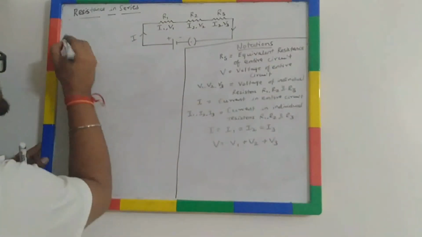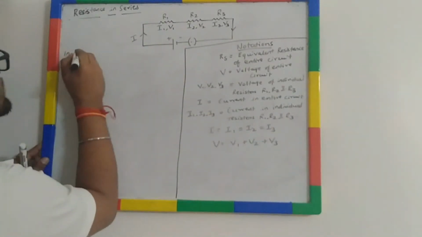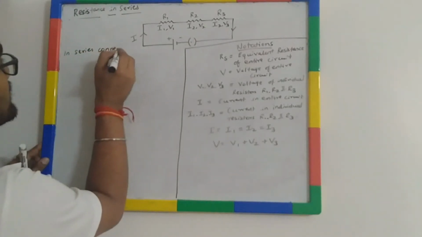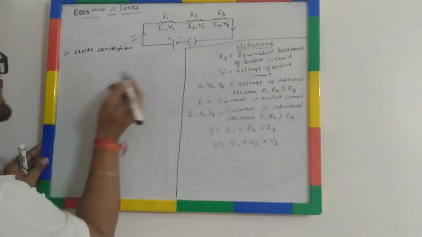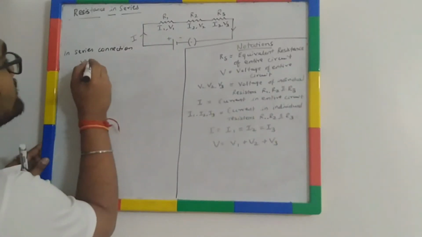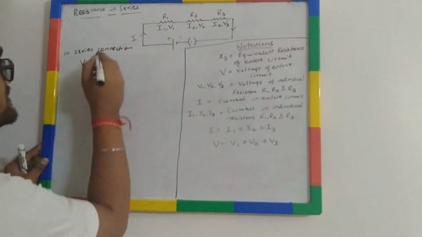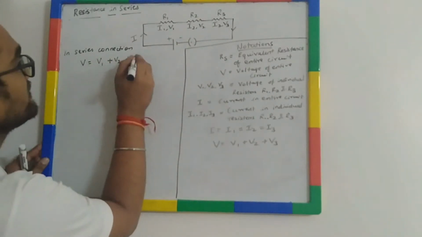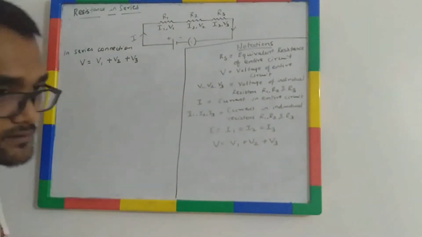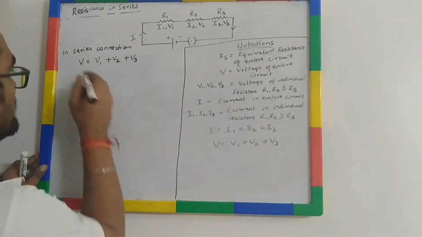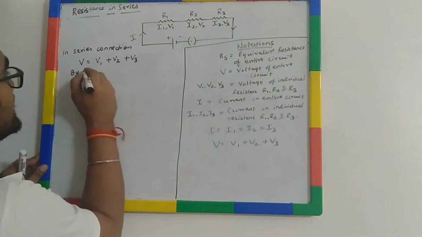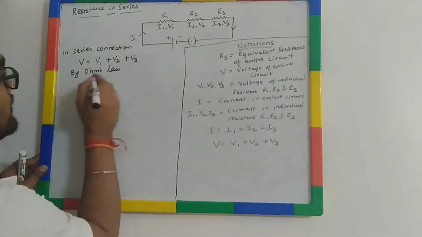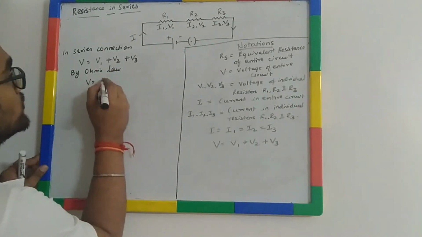In series connection, we know that the entire voltage of the circuit is equal to the sum of voltages of individual resistors. Now, by Ohm's law, V = IR.